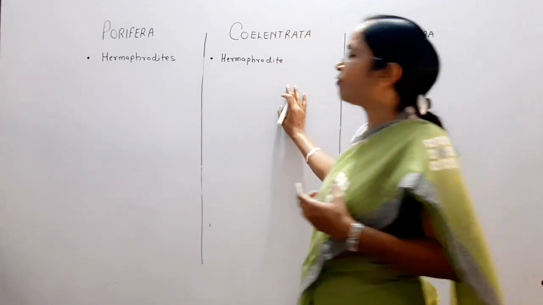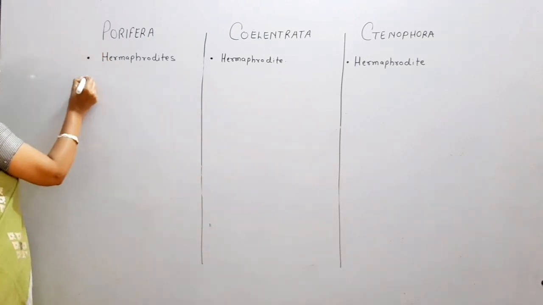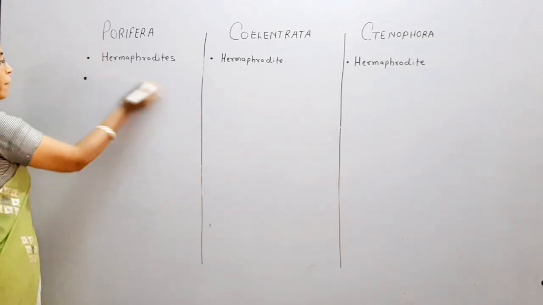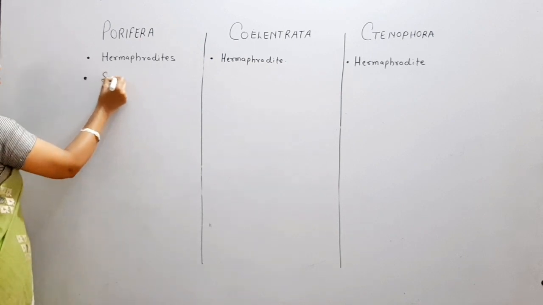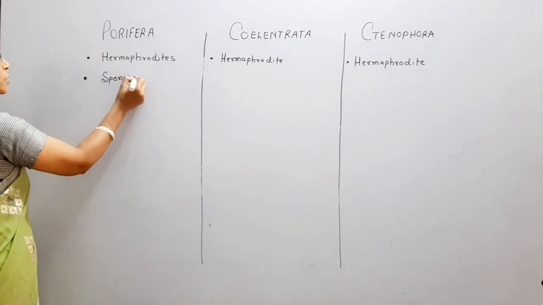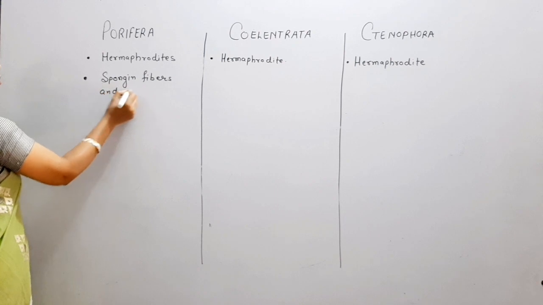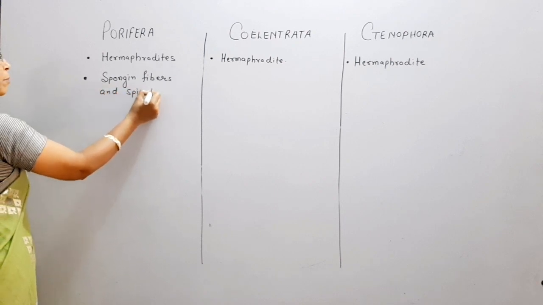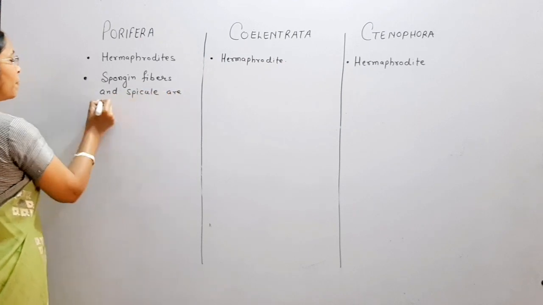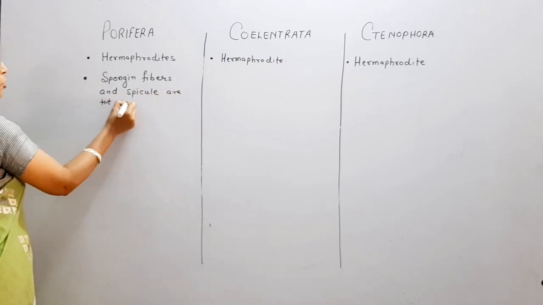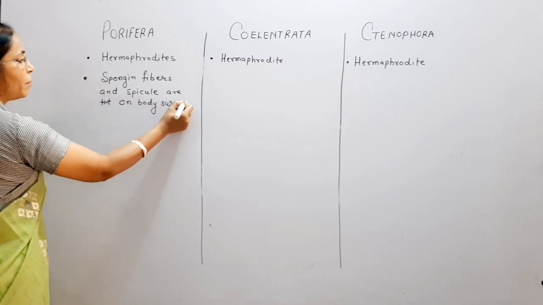Now, in Porifera the body has an exoskeleton. In the exoskeleton, you remember the spongine fibers and spicules of the same protein. Spongine fibers and spicules are present on the body surface.